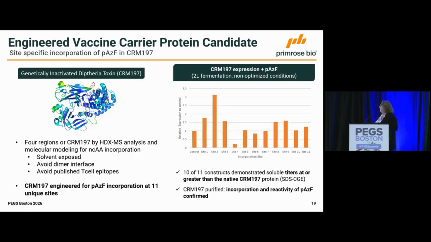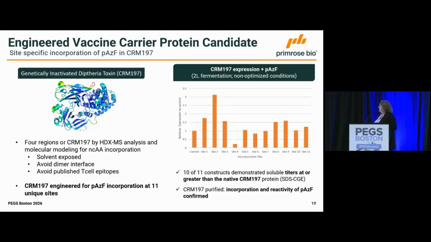So we identified 11 sites for conjugation, did the cloning, inserted amber codons there, and ran this in our PAZF incorporation expression hosts. On the left-hand side here, you can see at the 2-liter scale, so this is in high cell density fermentation, we're evaluating what our titer looks like compared to our canonical or wild type CRM strain, which here is shown as control.